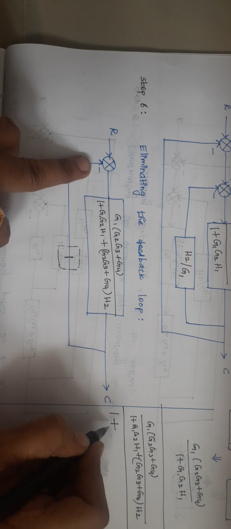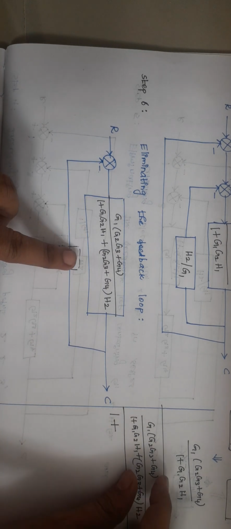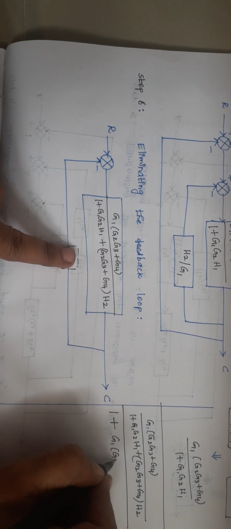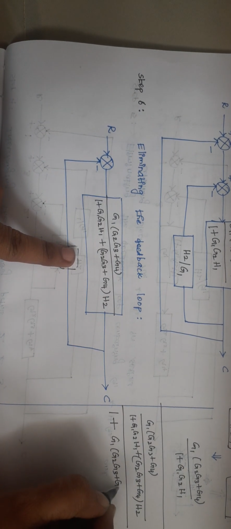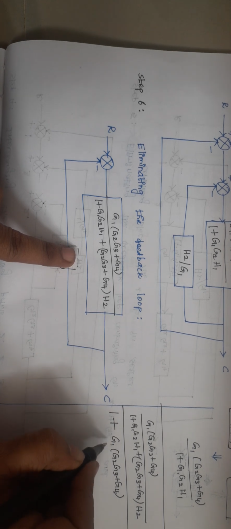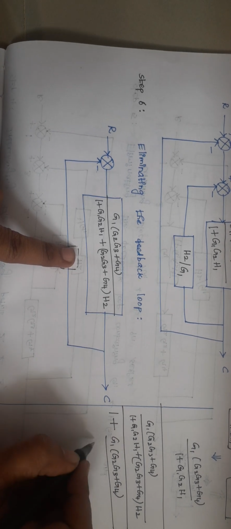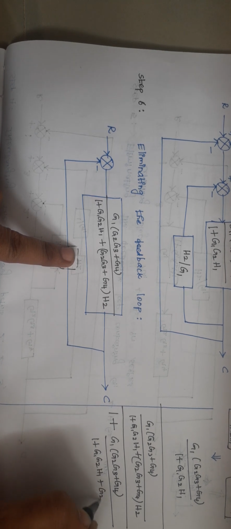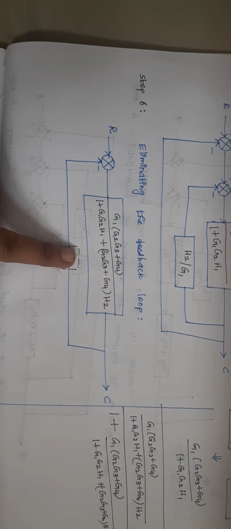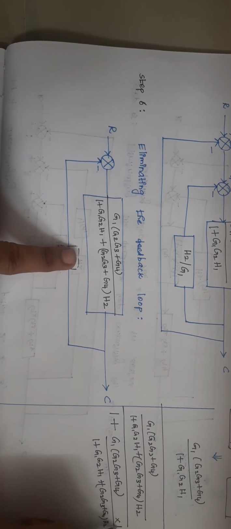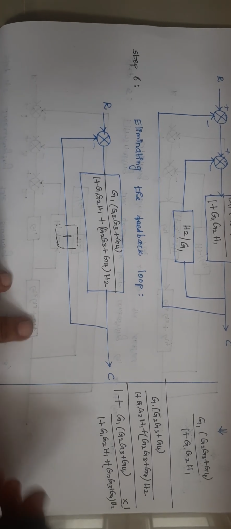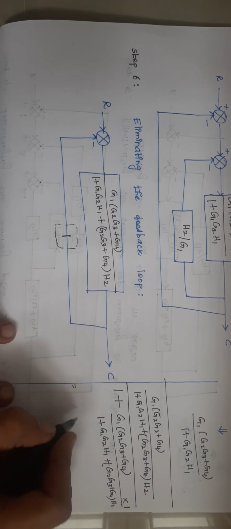So 1 plus GH again. So instead of G I am having this one. So write as such G1 into (G2 G3 plus G4), 1 plus G, right? So 1 plus G1 G2 H1 plus (G2 G3 plus G4) into H2 multiplied by 1. The place of H I am having simply 1 here. That's it. So just when you take LCM, the problem gets solved.